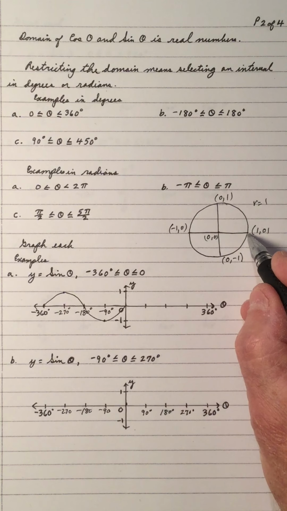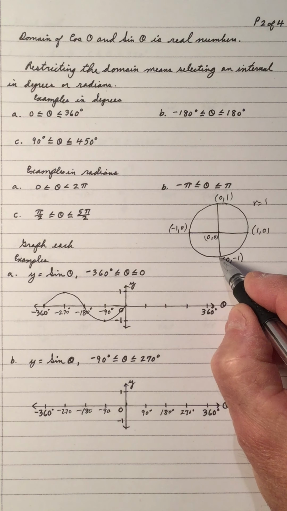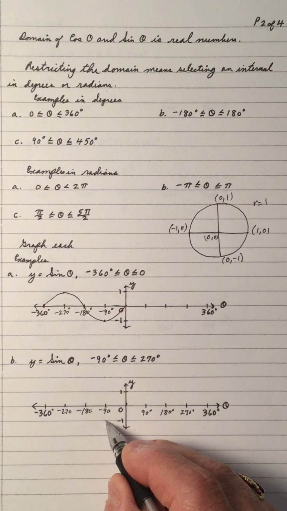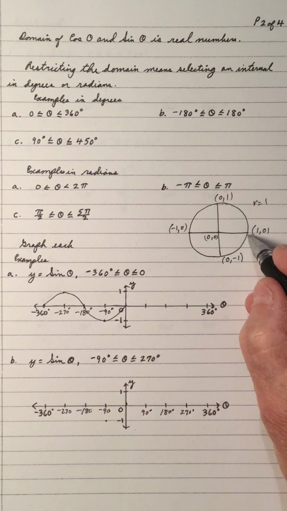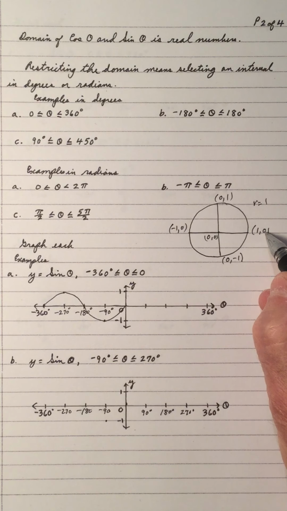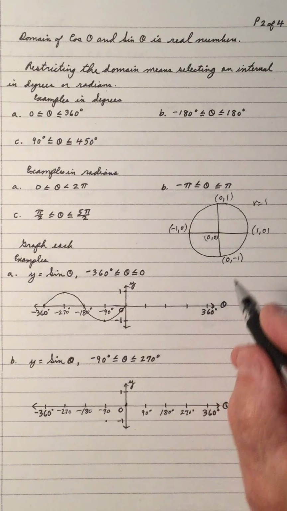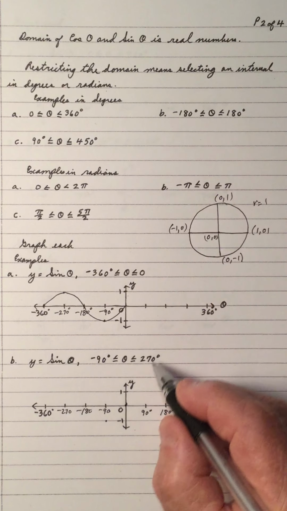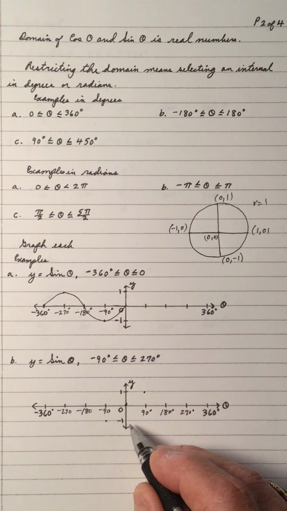So negative 90, let's rotate. Negative 90 is here. Sine is the y, so we have negative 1. We've gone to 0. 0 is here. Sine is the y value, which is 0. 90 rotation is here. The sine is the y value of 1. Now you notice the pattern.